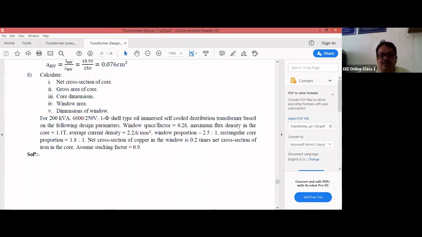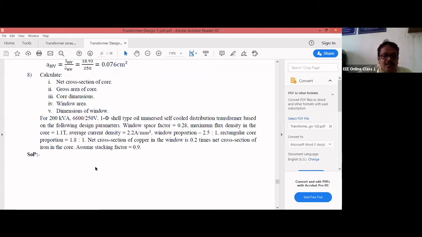Window proportion here, you can see 2.5:1, meaning the ratio of HW by WW is given as 2.5. Means the height is more compared to the width. The rectangular core proportion: since we have taken the shell type, in shell type the width will be 2a and depth will be b. The rectangular core proportion is what?